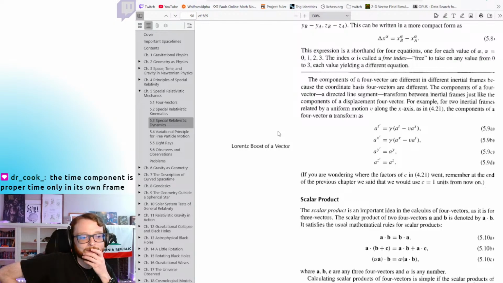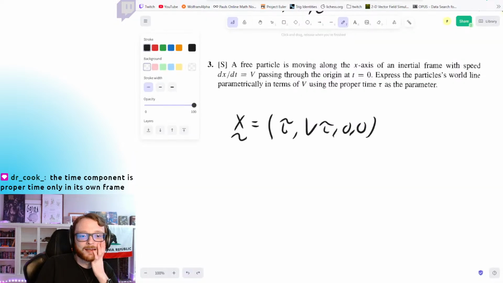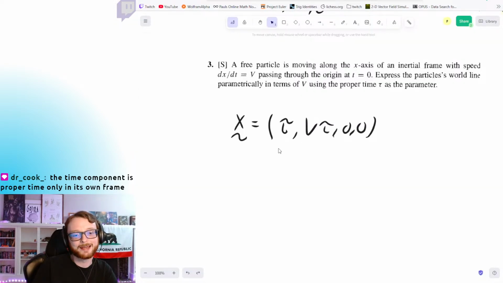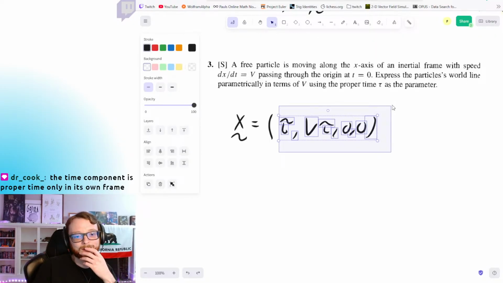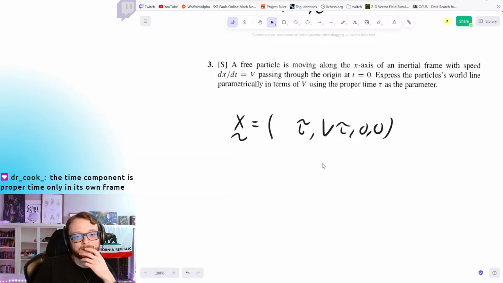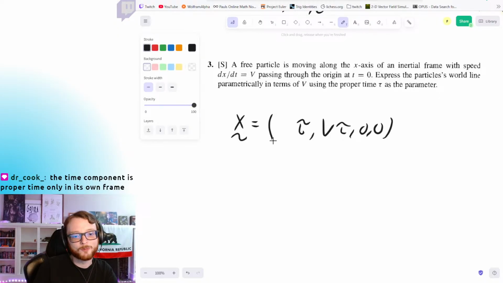Oh, the time component is proper time only in its own frame, in the particle's frame. So yeah, maybe we do need these. Yeah, because that gamma shows up, right? I wonder if we need a gamma anywhere. Because we would be measuring time differently than the particle. Yeah, that makes sense. If we were in the particle's frame, that's when the proper time would be the time component and nothing else.